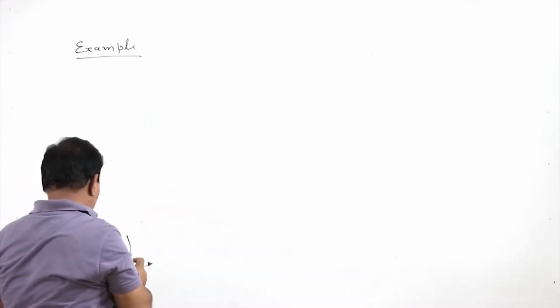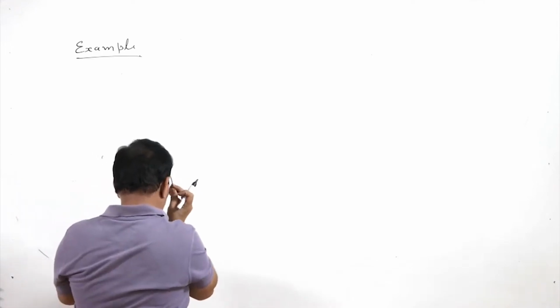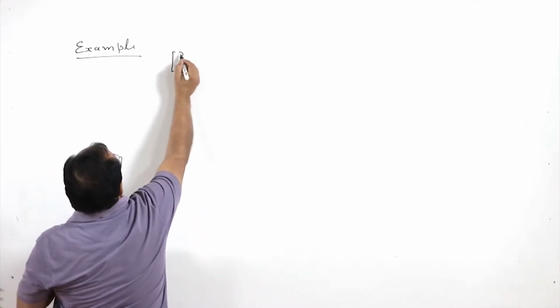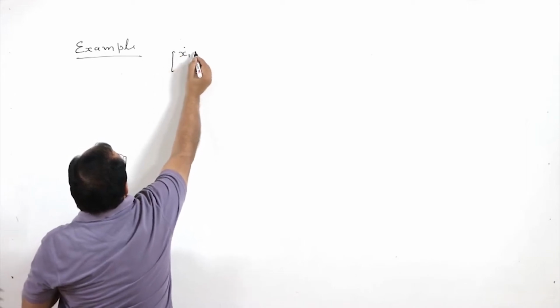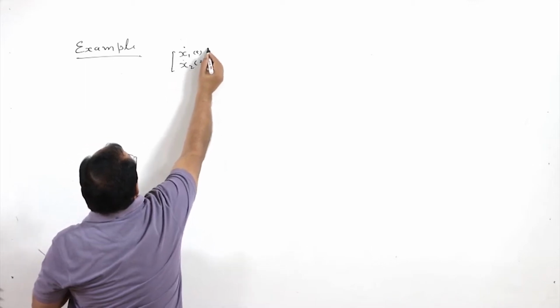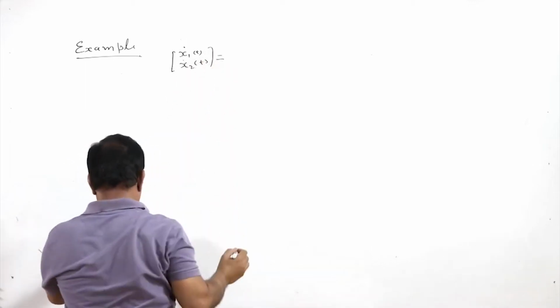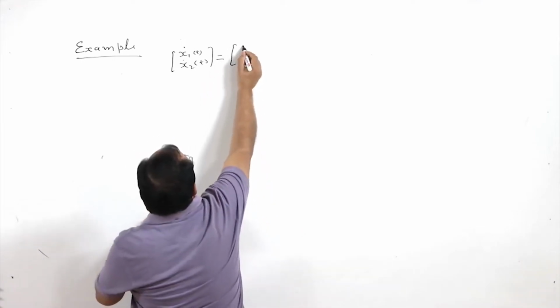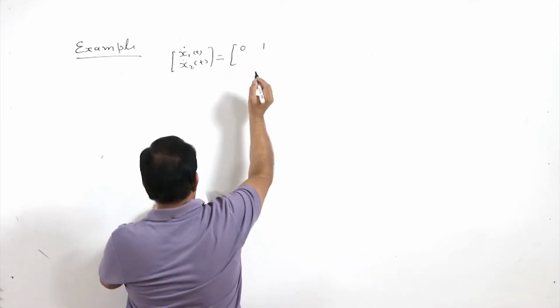So, in our example we consider an LTI system, second order, x1 dot, x2 dot, t equal to 0 1.